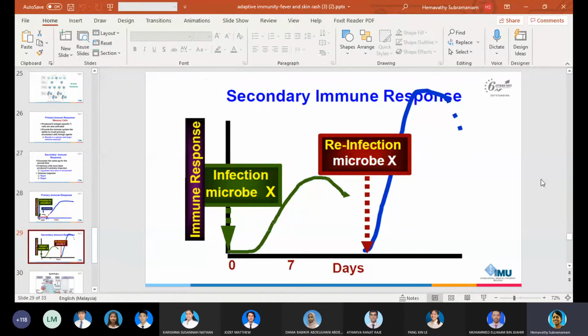Do you think the memory cells will take part in the current elimination of pathogen? Only in reinfection, right? Anyone else with a different answer? Do you think memory cells will take part in the current infection or reinfection?